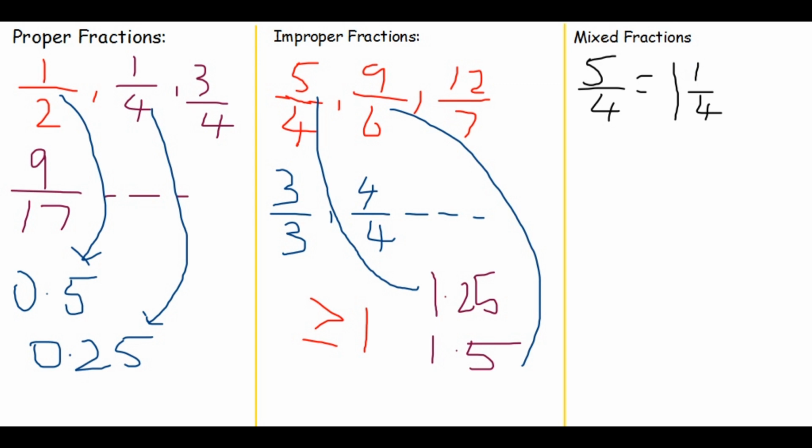And you can convert a mixed fraction to an improper fraction, and so if we have something like, oh wait, sorry, if we have 5 over 3, for instance, this will give us one whole number and 2 over 3.